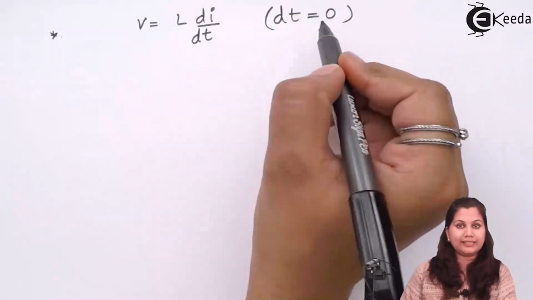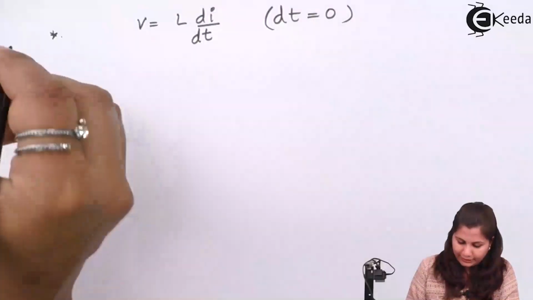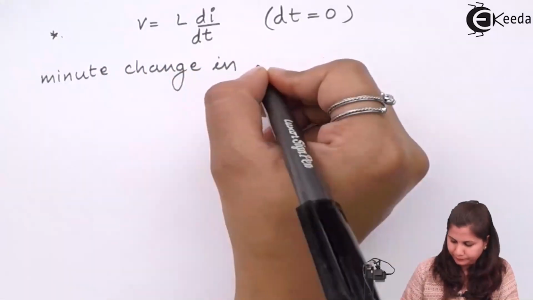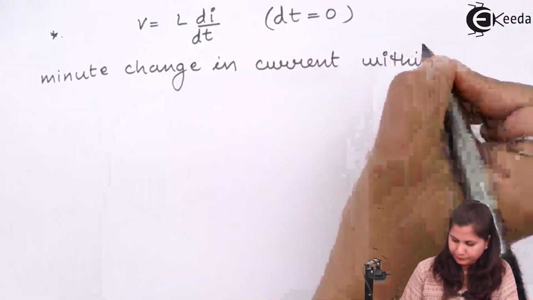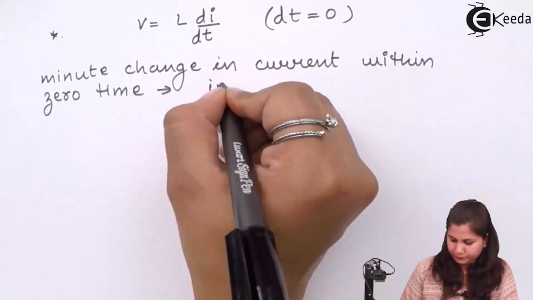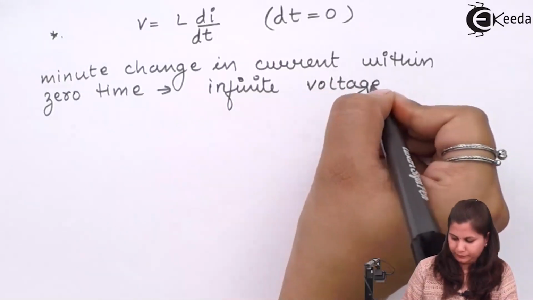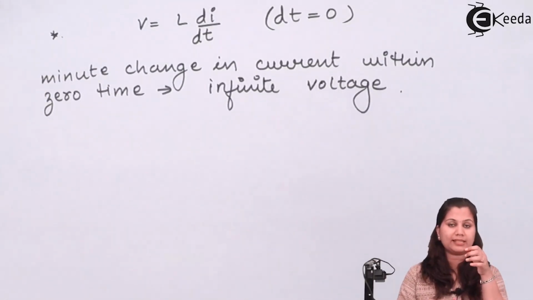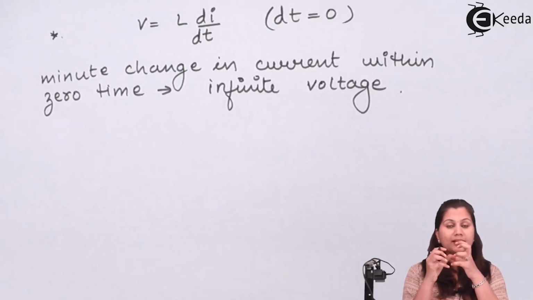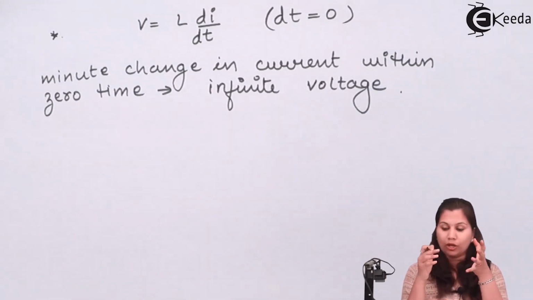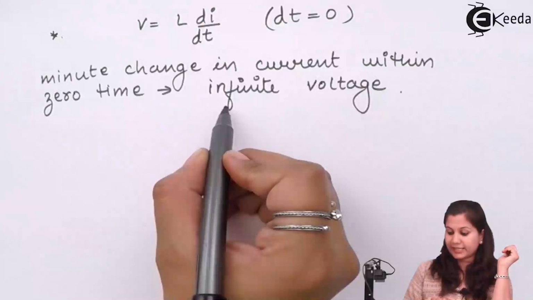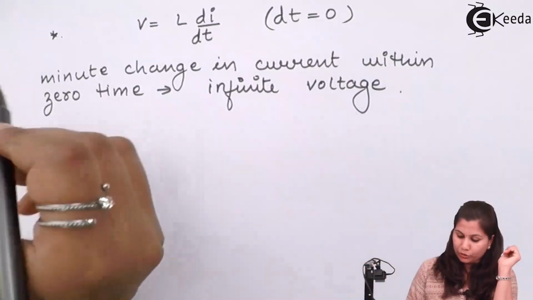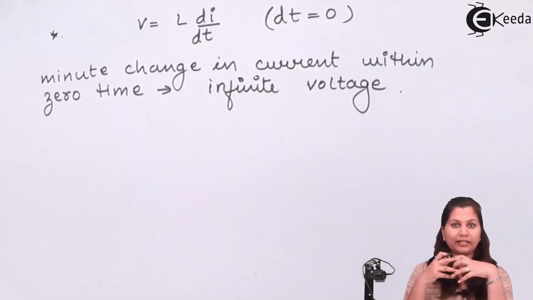Now if we put dt equals 0, that is, a minute change in the value of the current within 0 time, meaning no time has been taken but the current has changed suddenly, then due to that minute change in current, an infinite voltage is produced in the coil. So this cannot happen, because the current cannot abruptly change.